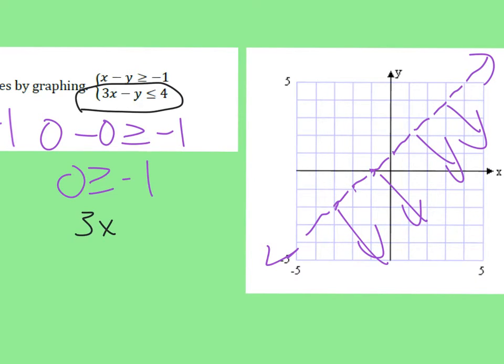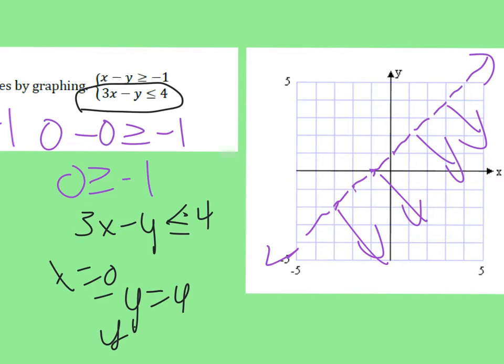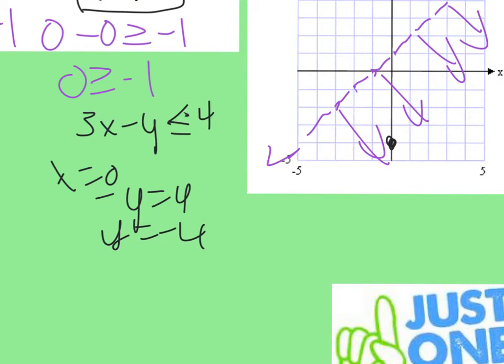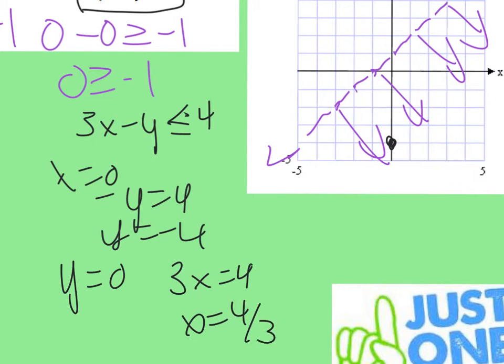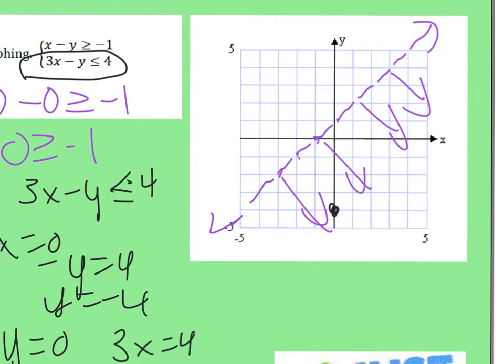So second one here: 3x minus y less than or equal to 4. So if x equals 0, -y equals 4, so y equals -4. So I put a point down here. If I let y equal 0, then 3x equals 4, so x equals 4/3. So that's going to be right about there.